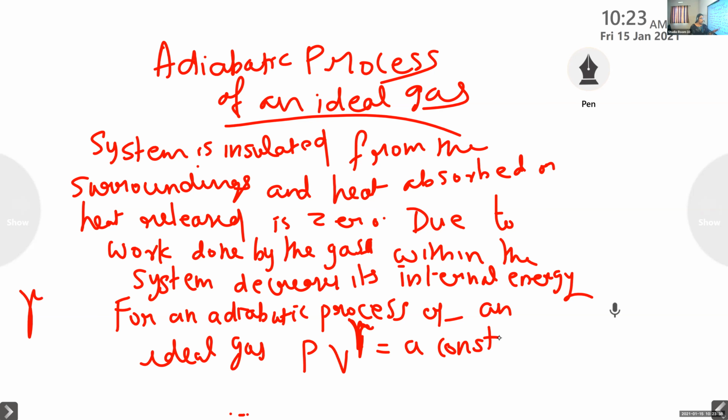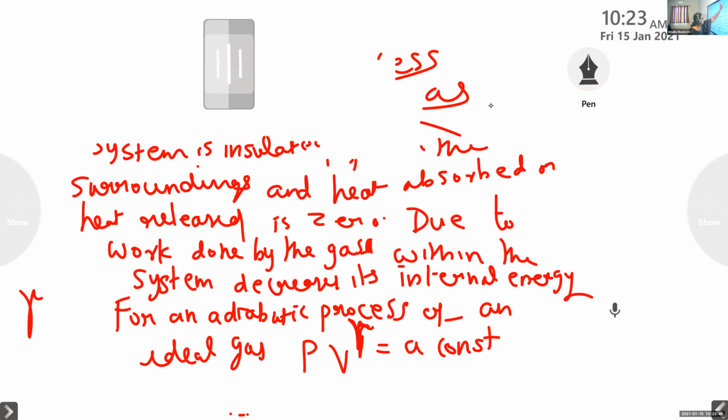Now, how this equation has become PV^gamma, in higher courses you will learn. Now I'll tell you what gamma means.